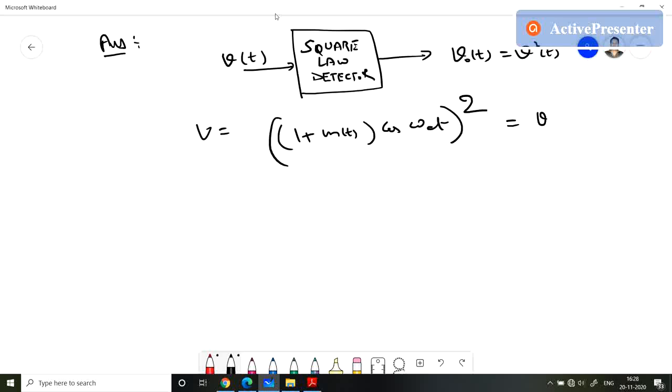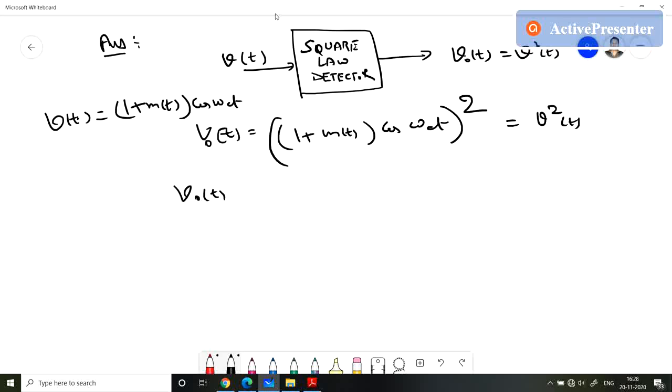So V(t) is given, V(t) is equal to (1 plus m(t)) cos omega ct, and that is equal to V square (t). So this is V0(t).